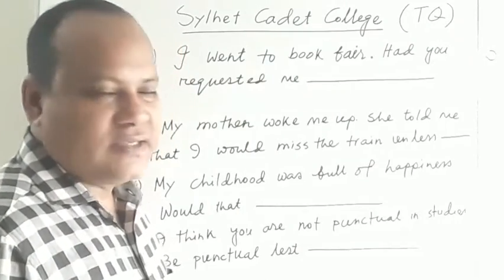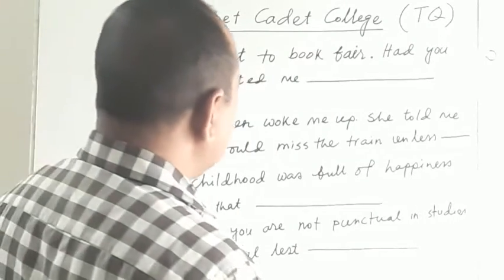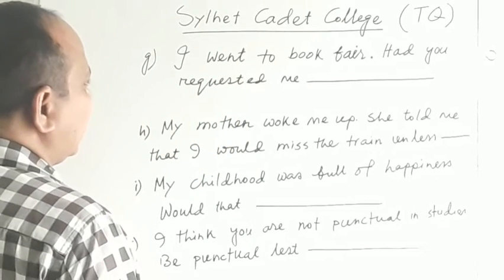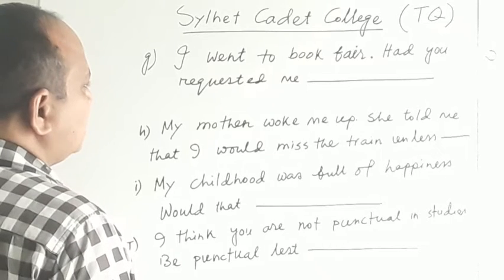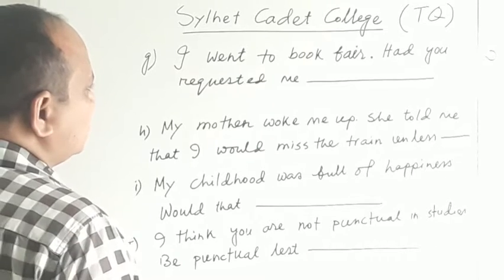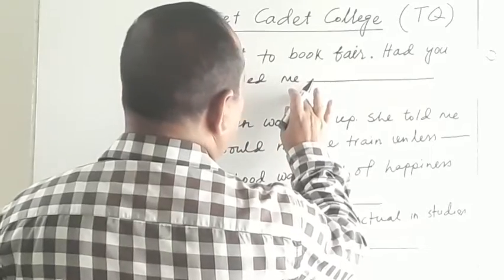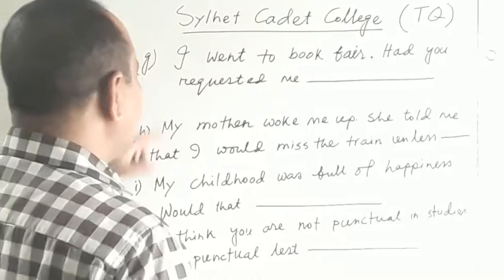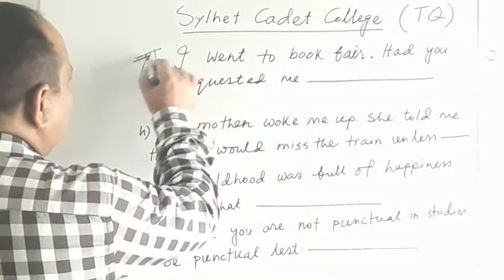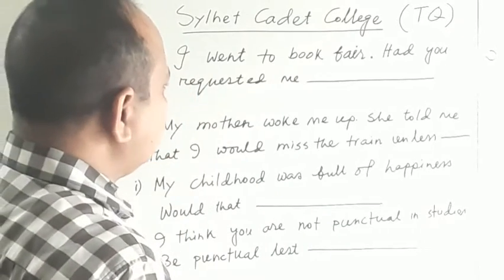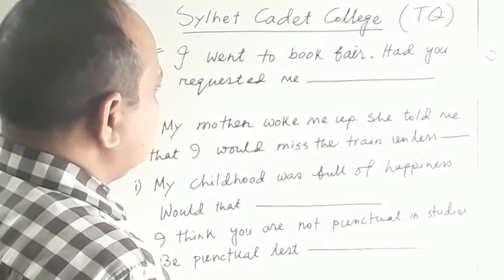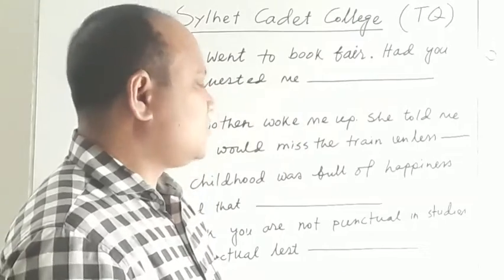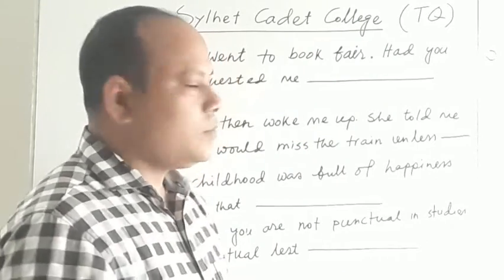Look at these 4 sentences, my dear students. These are all incomplete sentences. Now come to the point. I went to book fair had you requested me. My dear students, you have already understood that had you requested me, that is, if you had requested me, according to the category, this sentence belongs basically to subjunctive mode, or third conditional, because had you requested me, according to the structure, belongs to past perfect.